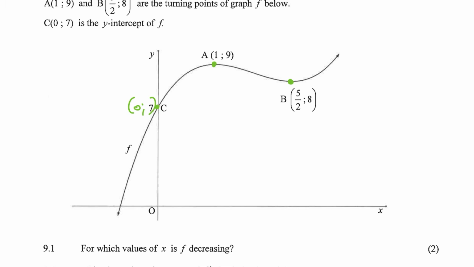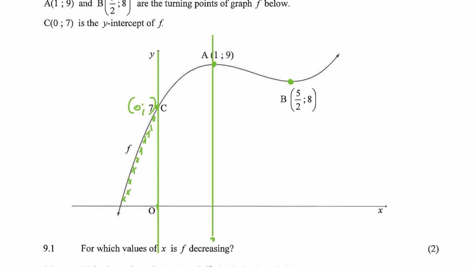If we look at when x is less than 0, you see that it is definitely increasing. So it is increasing when x is less than 0. And when x is between 0 and 1, what happens?